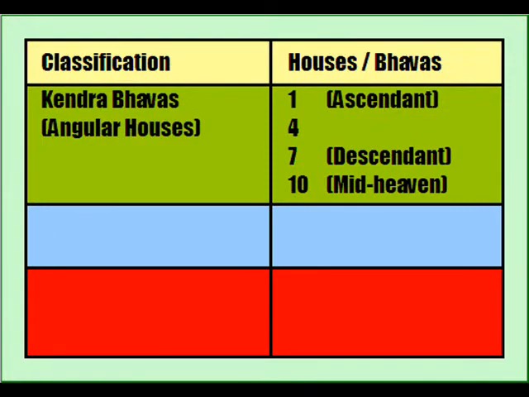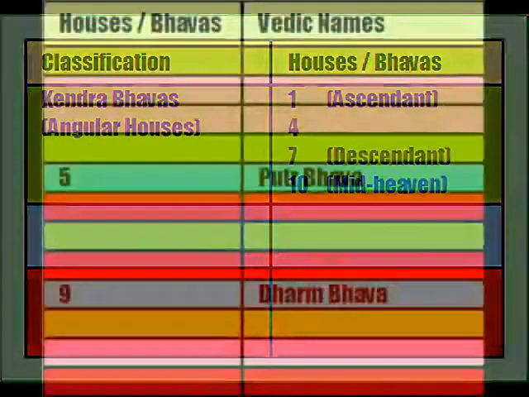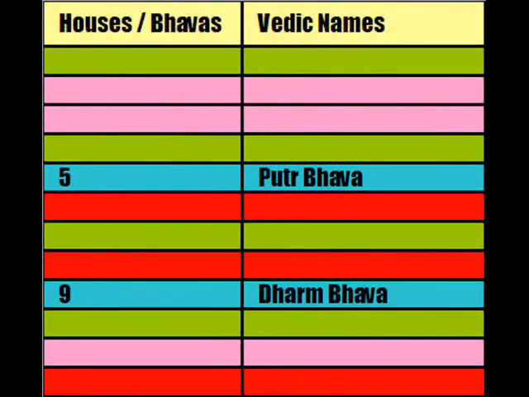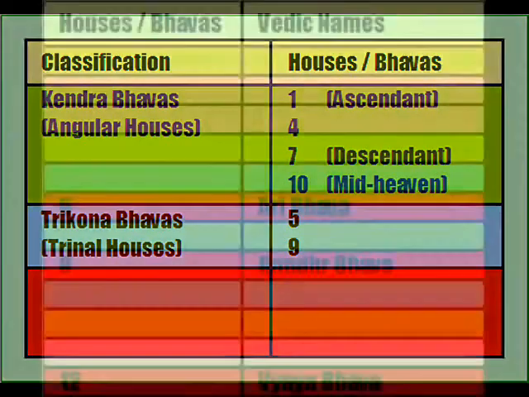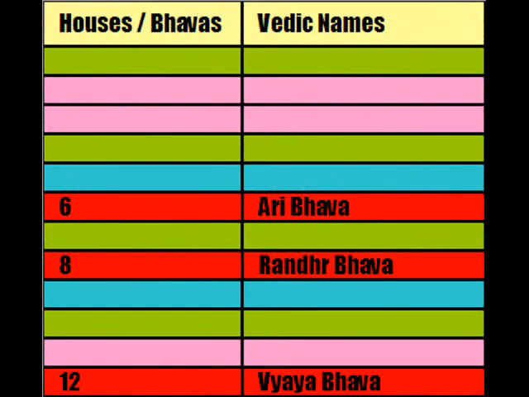The trinal houses, called Trikona Bhavas, will be 5 and 9. The evil houses, called the Dusthana Bhavas, will include 6, 8 and 12.